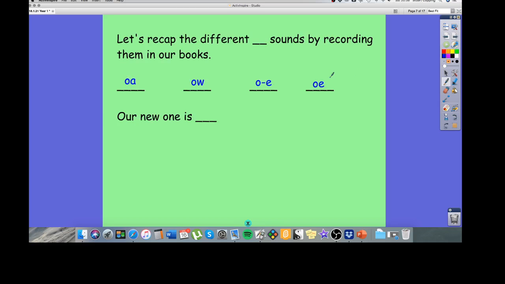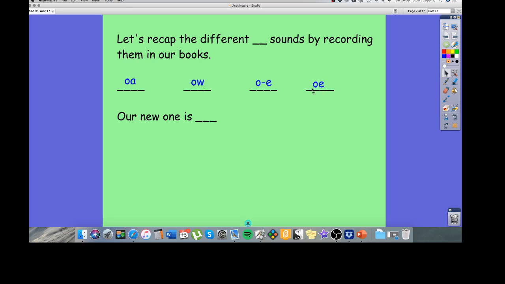So we are looking at the O sound today. Now, O is quite a popular sound. So we've got O, O-A, only comes at the beginning or the middle of words, never at the end. O, as in window, this mainly comes at the end. Snow, blow, window. We have the split digraph O sound.